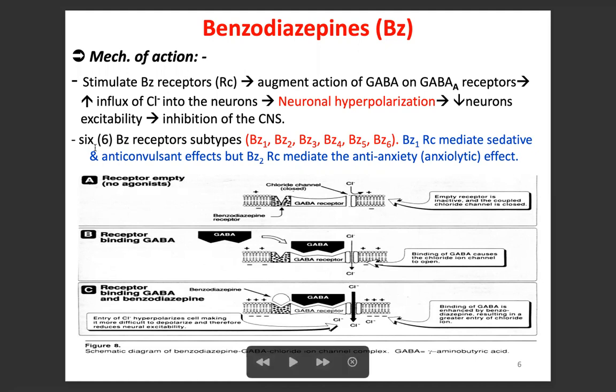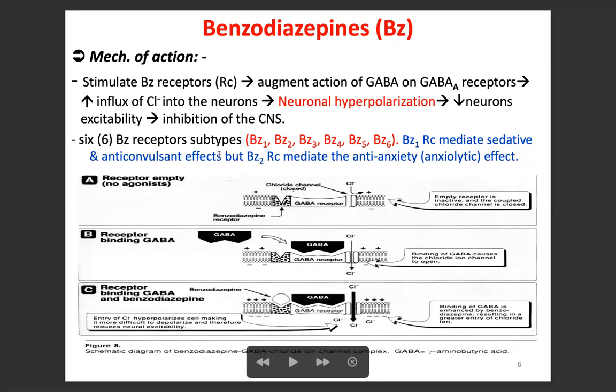There are six benzodiazepine receptor subtypes: benzodiazepine 1, 2, 3, 4, 5, and 6. But the benzodiazepine 1 receptor mediates the sedative and anticonvulsant effect.